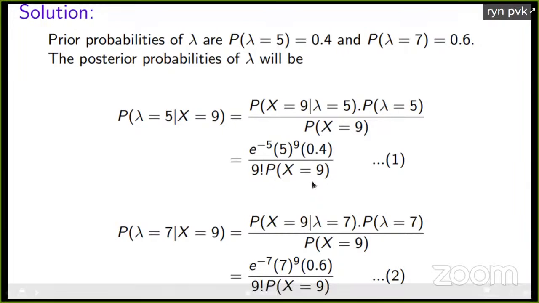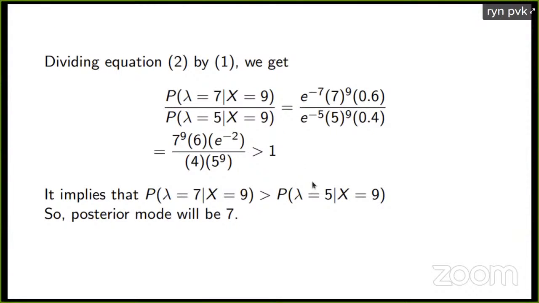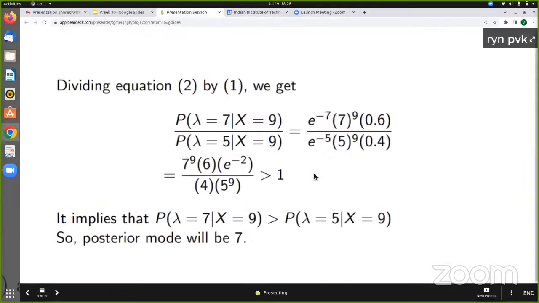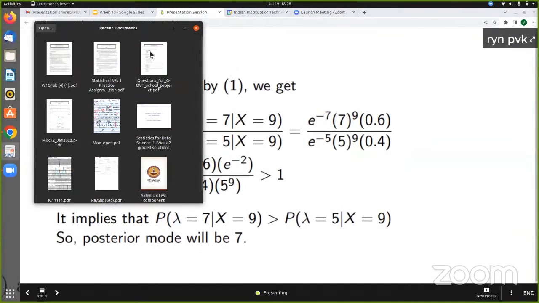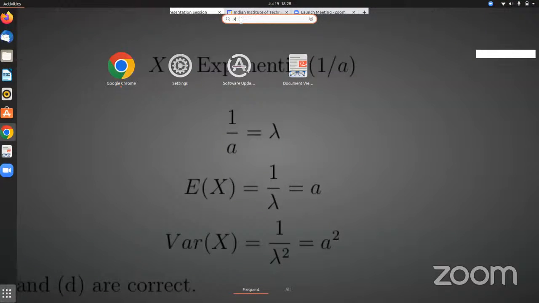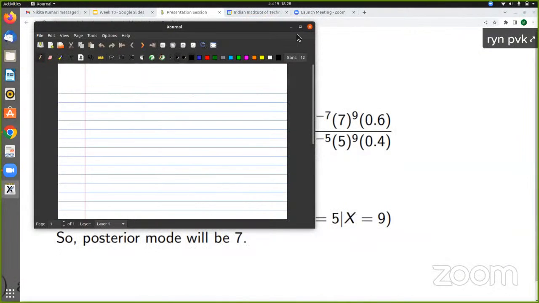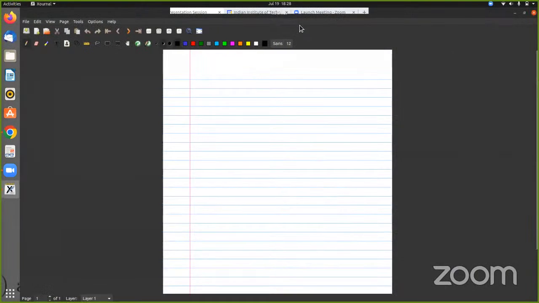So you have found the probability of lambda equal to 5 given x equal to 9 is 0.19. And 0.81 for probability of lambda equal to 7 given x is equal to 9.